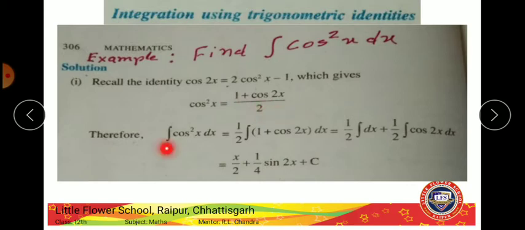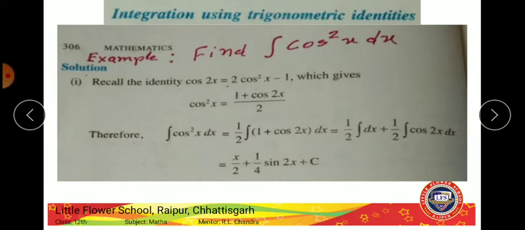Now integration cos square x can be written as 1 upon 2 integration under bracket 1 plus cos 2x. Now separating the terms, half of integration 1 dx plus half of integration cos 2x.